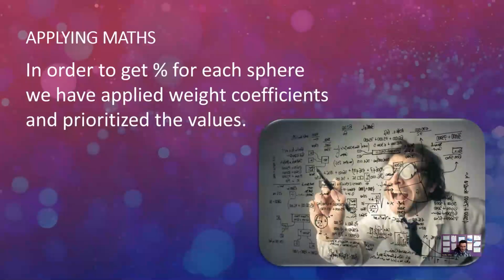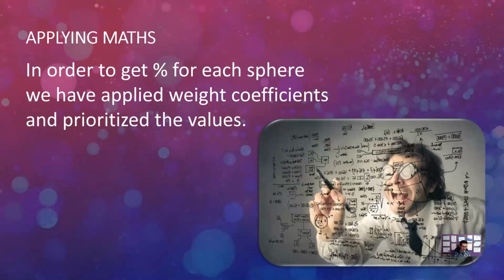So after we calculate all these parameters for all these 6 spheres, we apply weight coefficients for all of the factors and all of the values. Then we prioritize them, and then we calculate the percentage of how close you are to the ideal.